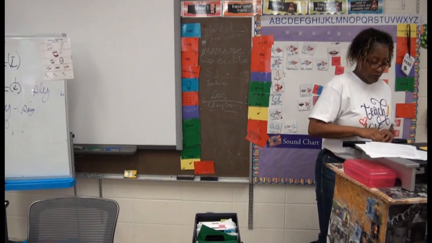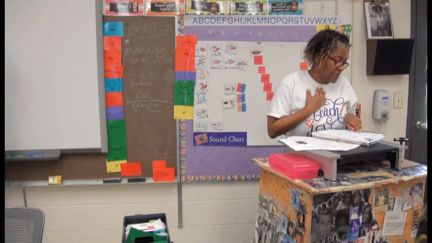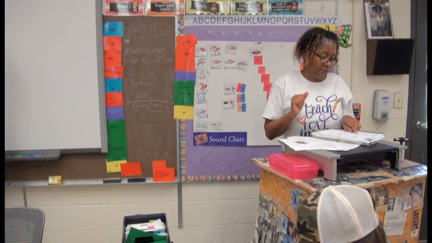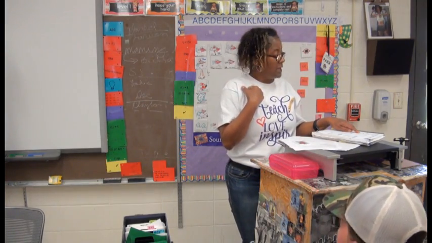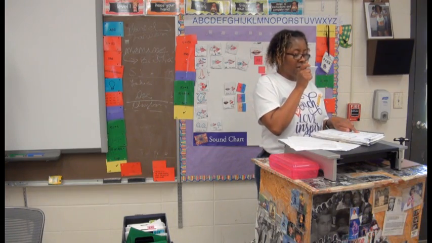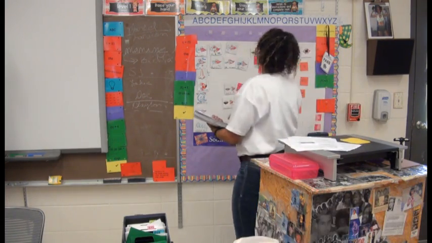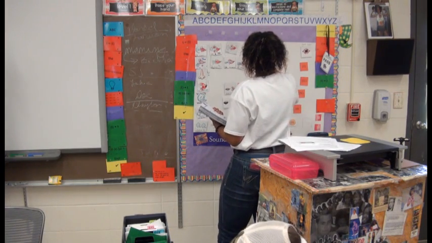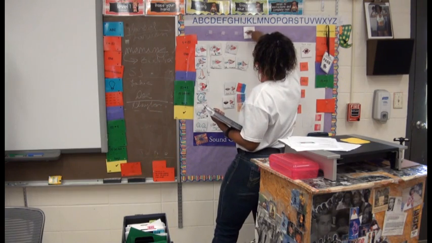So you got out your sound chart things. E, k, repeat after me. E, k. Look in the mirror. E, k. I hope this one. Well, first of all, I shouldn't have been pulling that. I should have been pulling this.